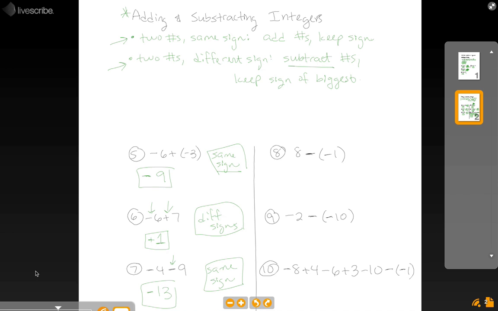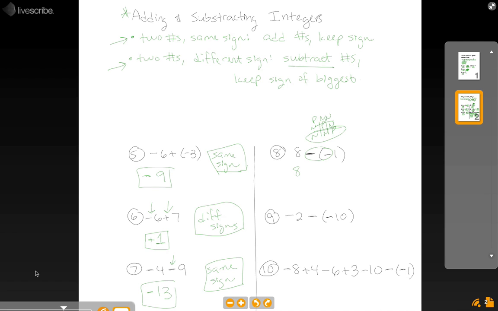Let's take a look at number 8, which is a little bit different. You see these double negatives here? Let's treat that like a multiplication. In example 8 we have these two negative signs, so I'm going to treat that like a multiplication. That's a negative times a negative. Remember my rules for multiplication, when I have my tic-tac-toe board?